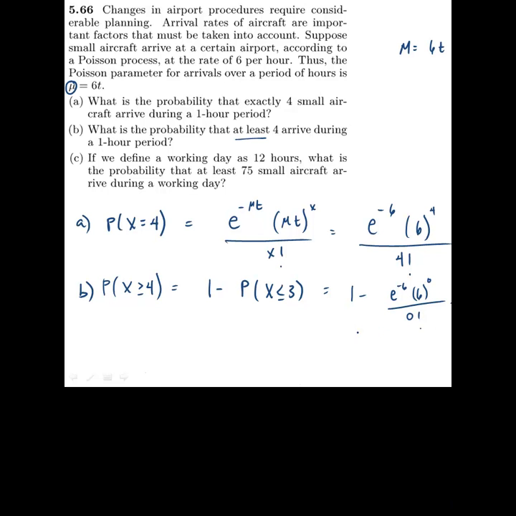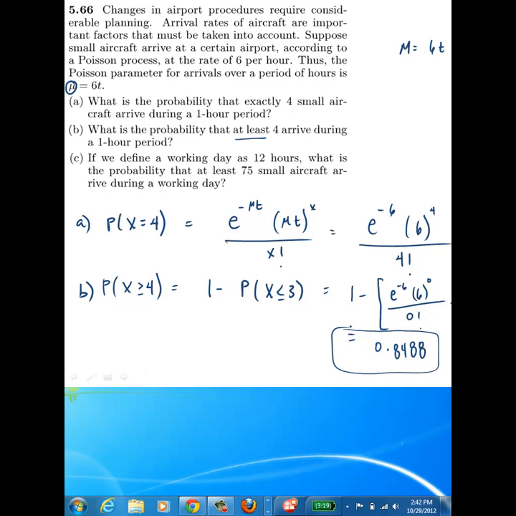And this is going to be equal to 0.8488. So you have to find from 0 up to 3, and then subtract that from 1.